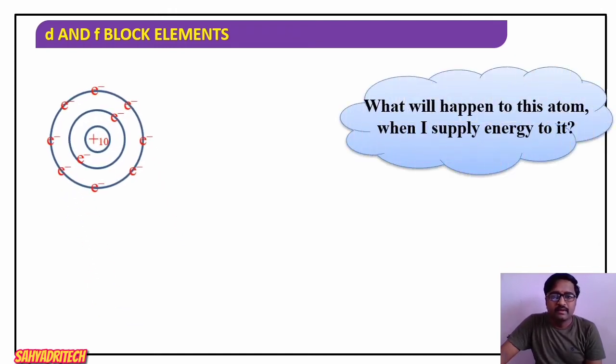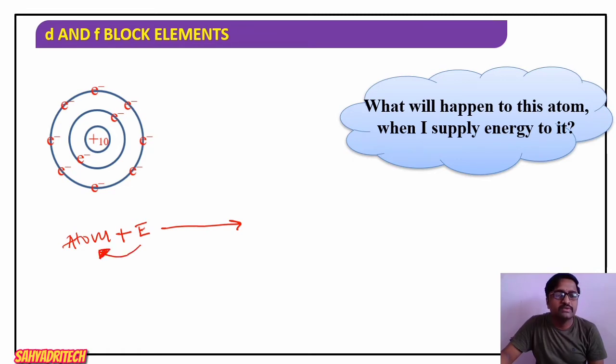Now say if we supply energy to an atom, what will happen to the atom? Whenever energy is supplied to an atom by some means, the energy is taken up by the atom.